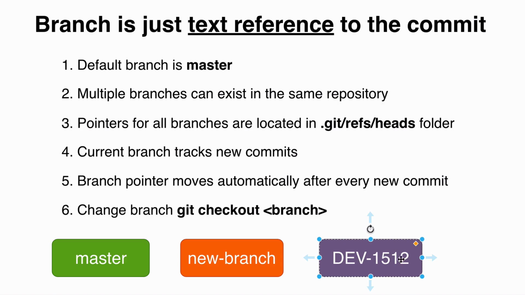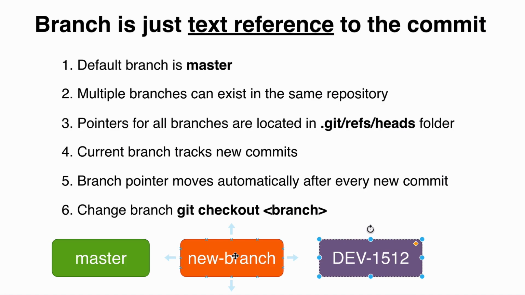For example, this number may mean the number of the ticket that was assigned to a specific developer. This prefix may represent a short version of the project name or microservice name that is developed by a group of people. And please note that the branch name cannot have spaces inside of it.